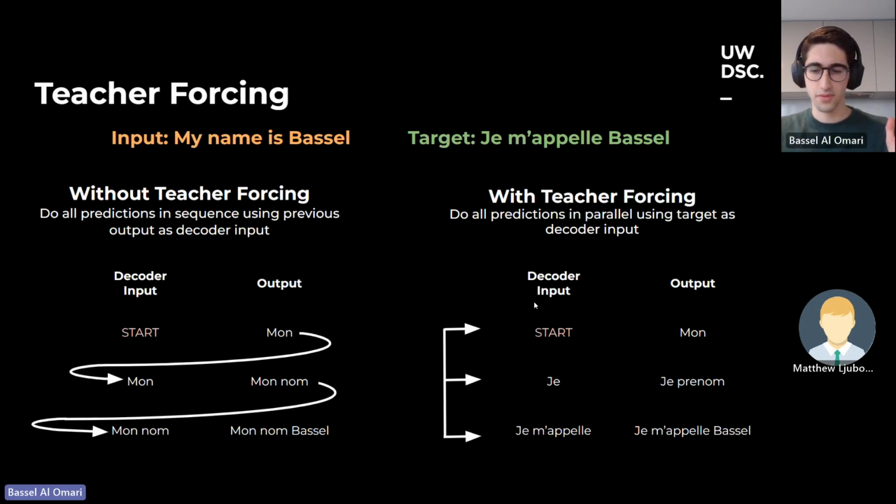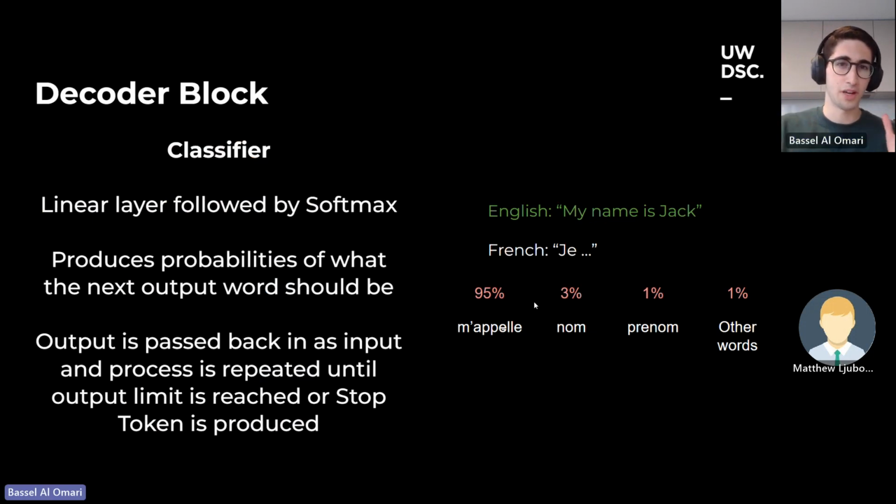So some of you might have noticed an issue with that, though, which is that the processing happens sequentially. In order to output one word, you need to have already outputted all of the other previous words. You need to wait for all the previous words in French to be outputted in order to process it, use it to output the next word, and then you take whatever the next word was, you pass it back in.